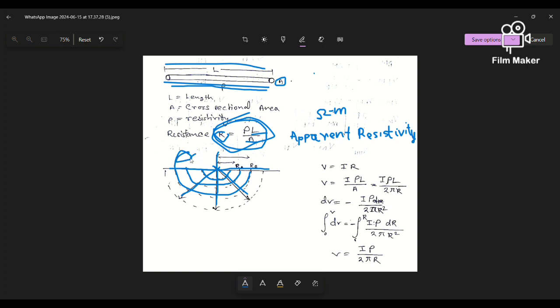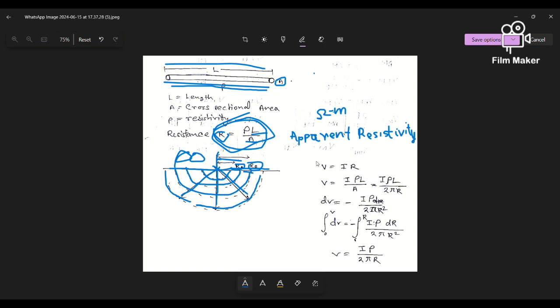In air, the resistivity is 0, so it will be created only in the subsurface. We can determine the voltage from the distance from the electrode, like rA and rB, and find the difference of the voltage between rA and rB.